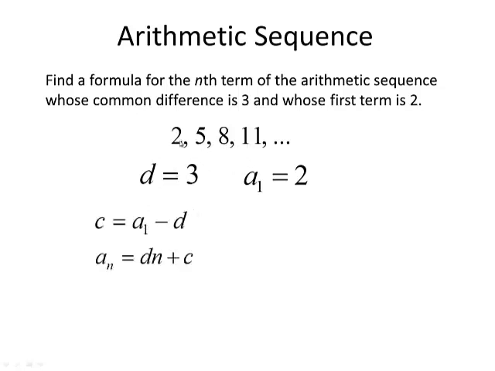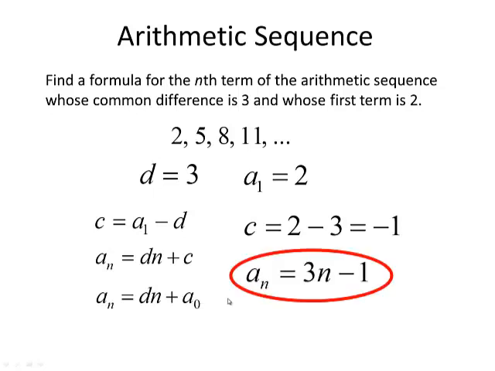The one before the first one should be c, which is 2 minus 3, which is negative 1. So c is negative 1, or a sub 0 is negative 1. So you can write that as a sub n equals 3n, dn plus a sub 0, negative 1, so 3n minus 1.